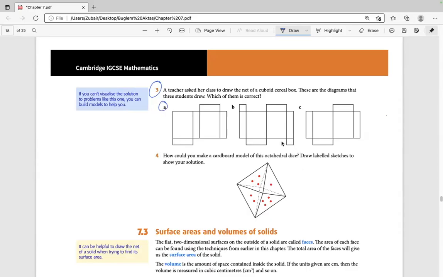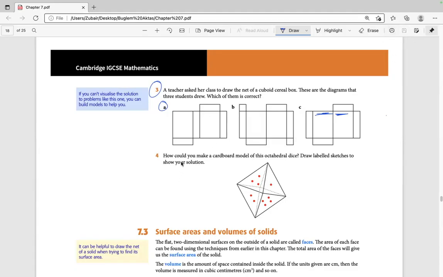A. B cannot be. And C cannot be, because we cannot have two wide rectangles together. When we are looking at the Cerelac box, if the flat face is towards us, one is at the back. It must have something separating them, like A.